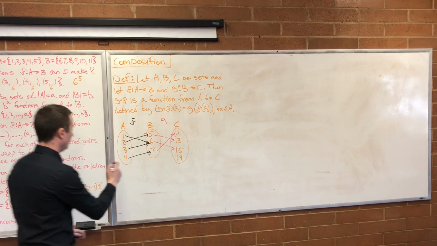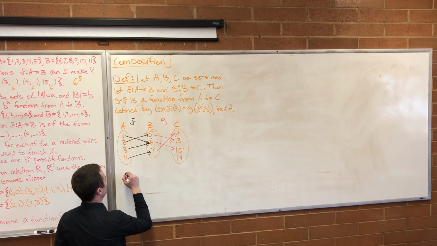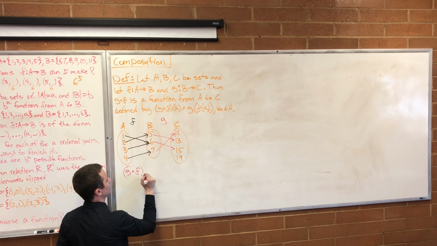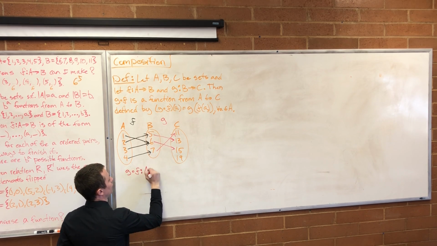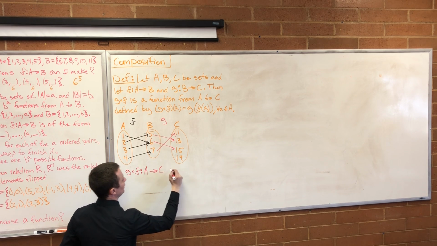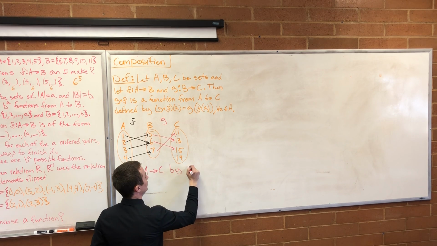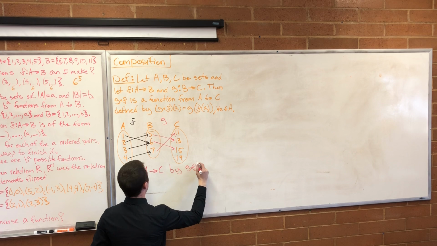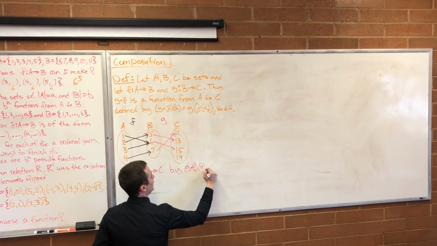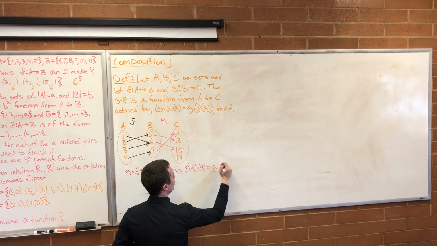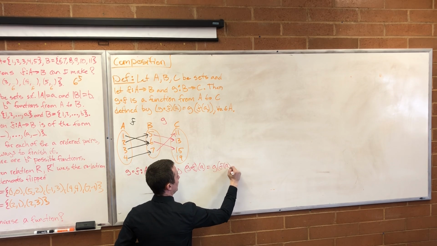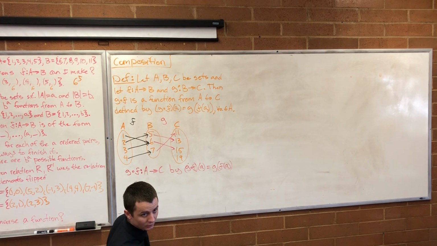So G composed with F, we know that G composed with F is a function from A to C by G composed with F of A is equal to G of F of A. Right?